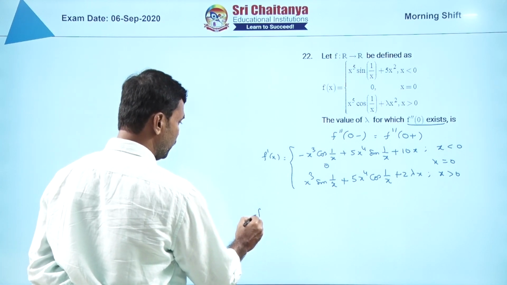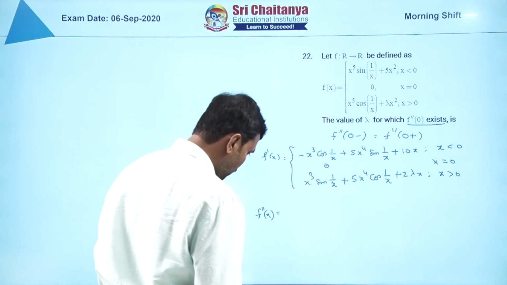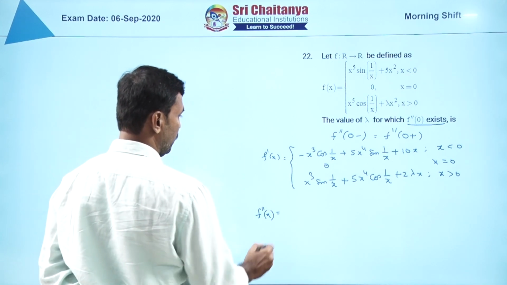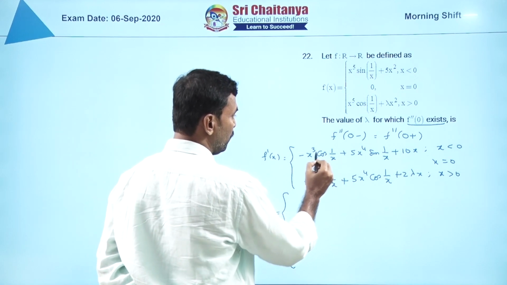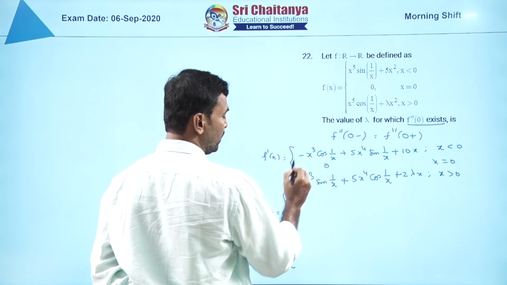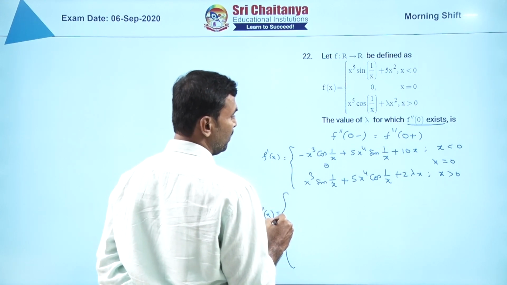So, f double dash x I am calculating now. F double dash x is equal to the derivative of this: minus x cube into cos of 1 by x is minus sin of 1 by x.